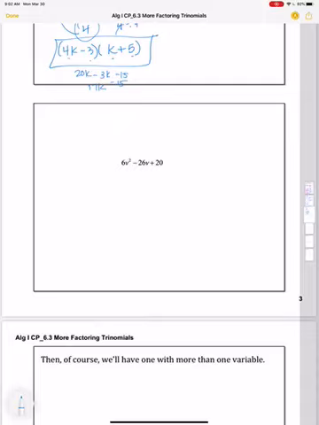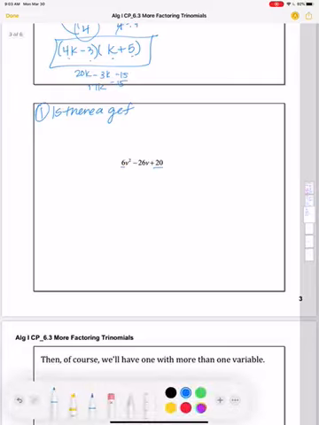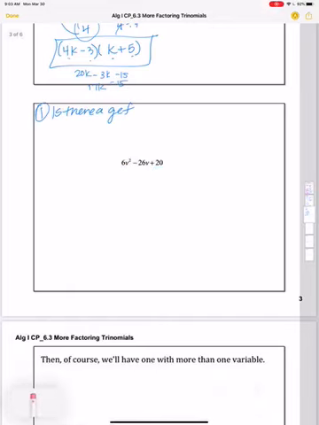GCF. Is there a GCF? So always look for that first. Because otherwise you can end up doing a whole lot of work and it would be wrong. 6 times 20, that would be 120. That's massive. See, I gotta check for a GCF first.